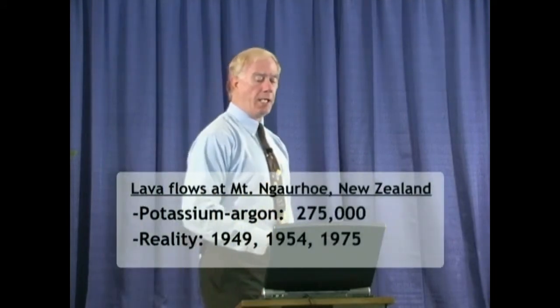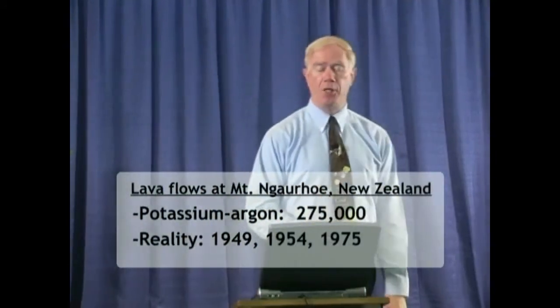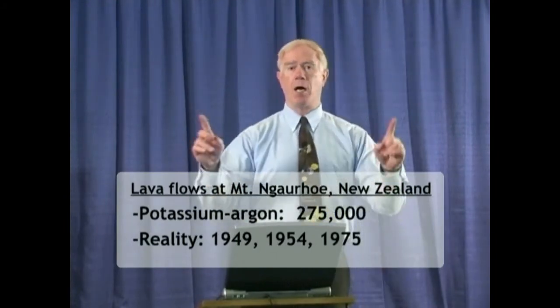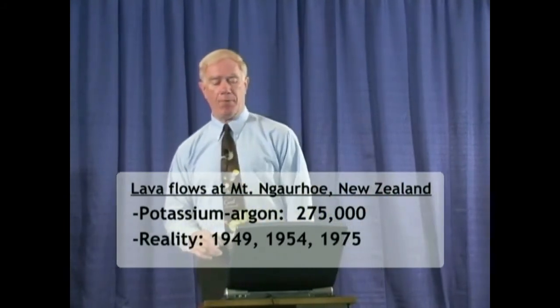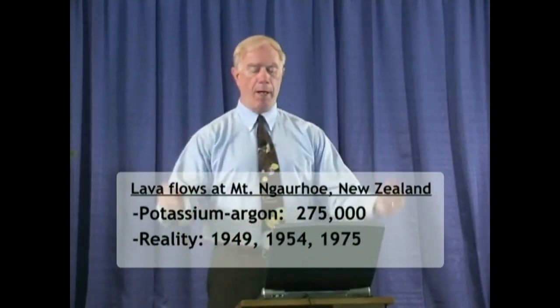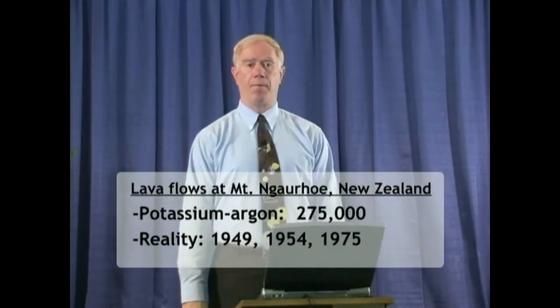Lava flows in New Zealand. Potassium-argon dated these rocks at 275,000 years old. In reality, these rocks were formed in eruptions from 1949, 1954, and 1975. Now we're about 273,000 years off. Again, we based our answer on assumptions we couldn't prove.